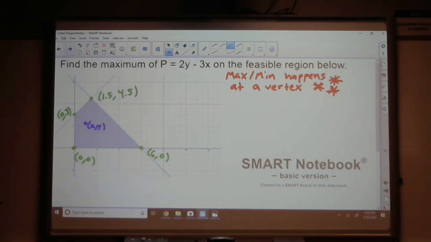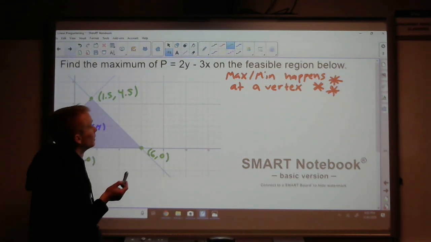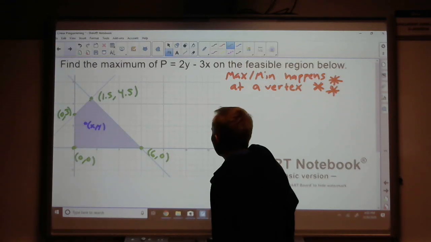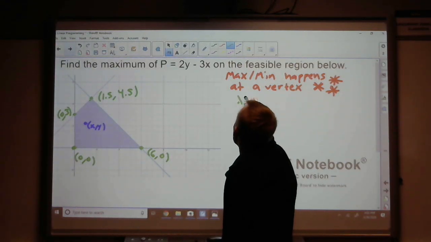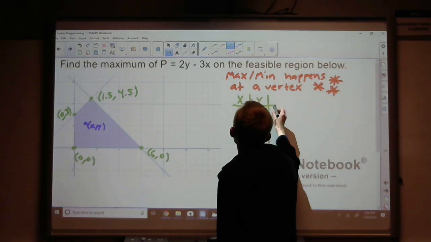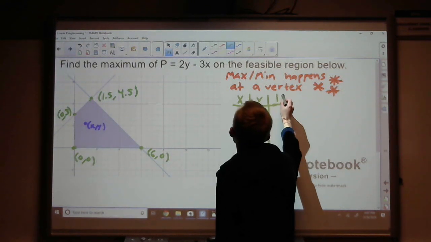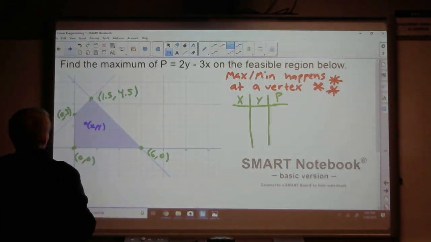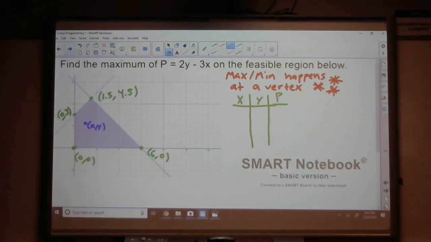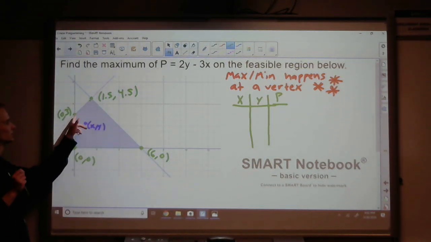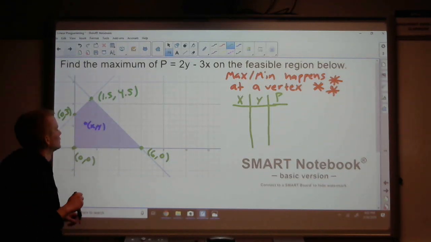And so what I do is, we'll make a little table here, maybe. So we have x, y, and p, okay? So my first vertice, maybe I'll start with this one, okay?